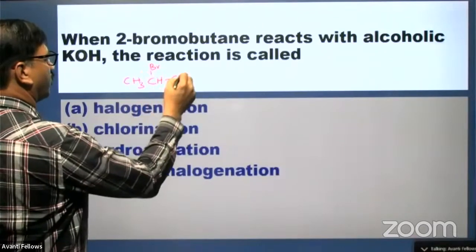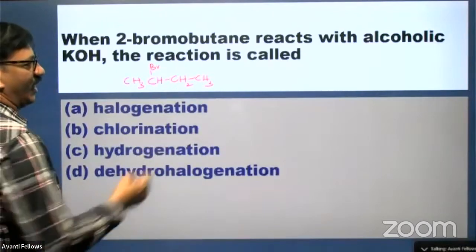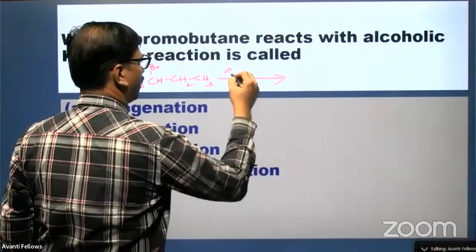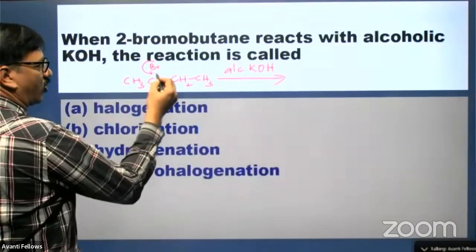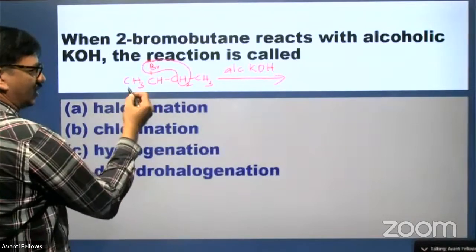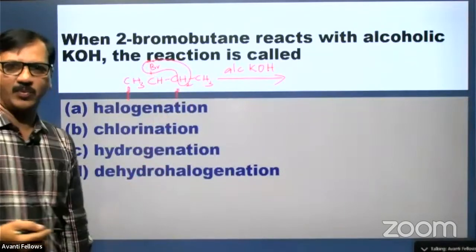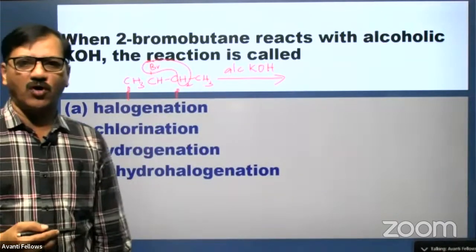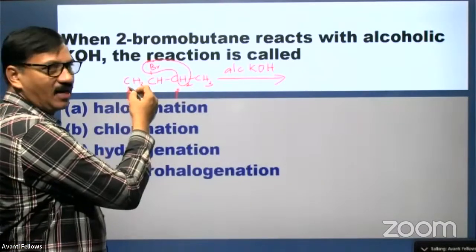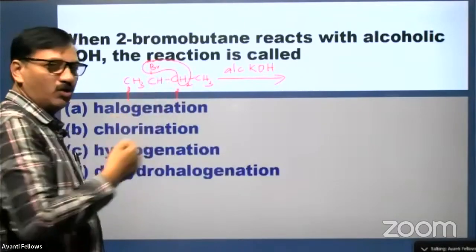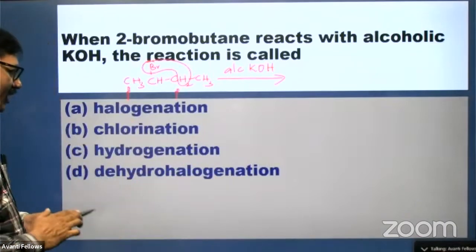This is 2-bromobutane, and when it reacts with alcoholic KOH, this bromine and this hydrogen are likely to go away, because there are 2 beta hydrogens. Beta elimination takes place. Alcoholic KOH is known for beta elimination. So either this hydrogen or that hydrogen goes away. Hydrogen and halogen both go away. Therefore, it is a dehydrohalogenation reaction.